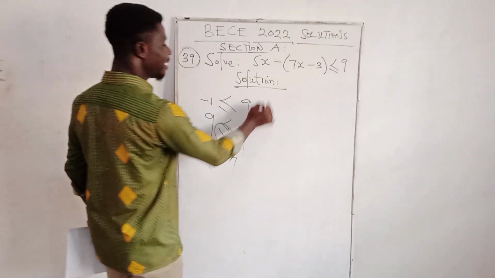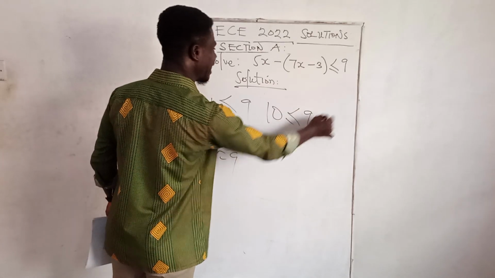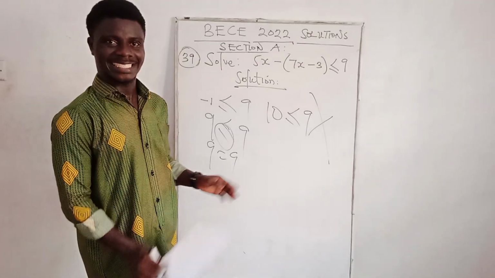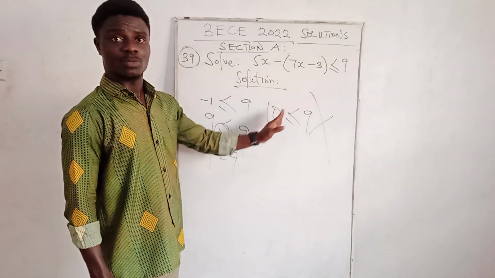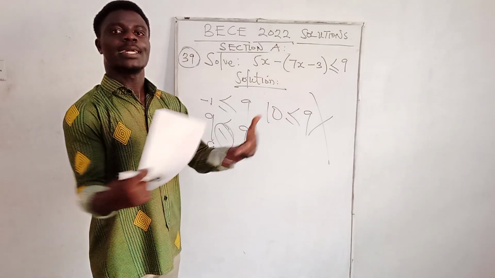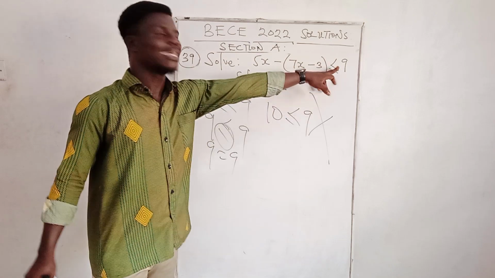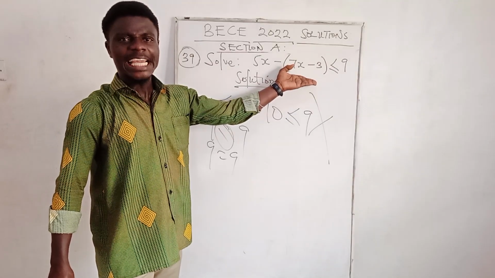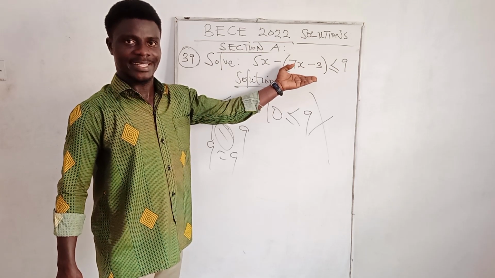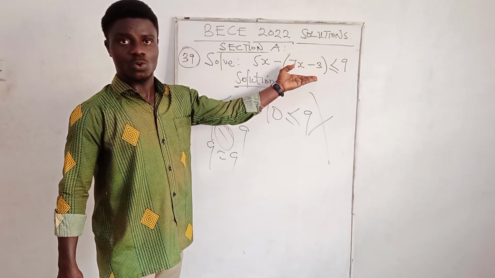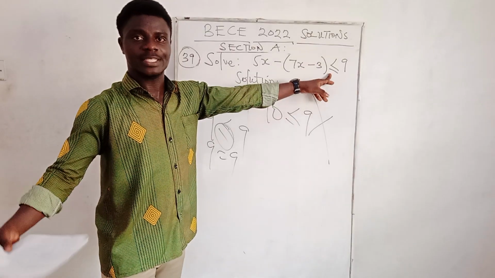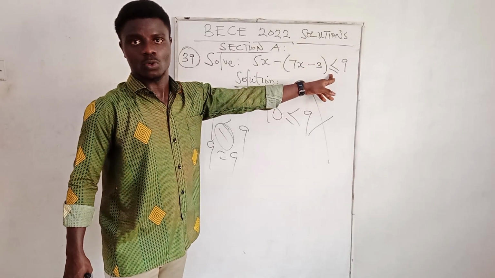But if you get 10 less than or equal to 9, this one is a tautology. We don't understand. The left hand side must be less than, or it must be the same thing as what? 9. This is what it means. This one is a linear inequality. It is a mathematical statement which involves either less than, greater than, less than or equal to, or greater than or equal to.